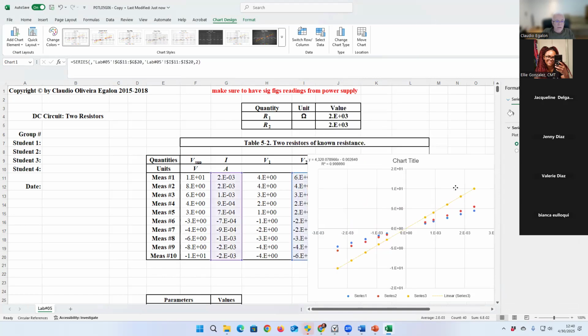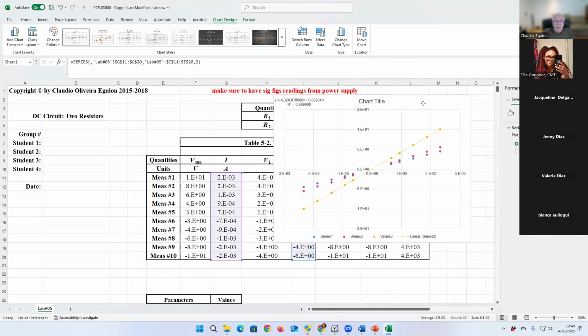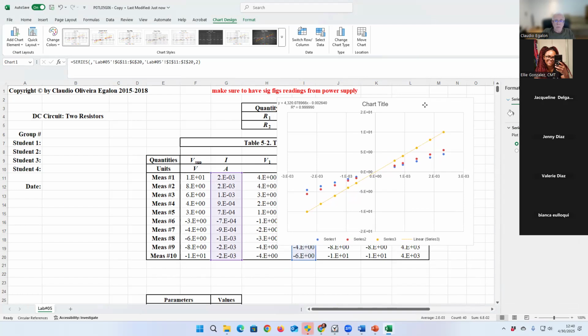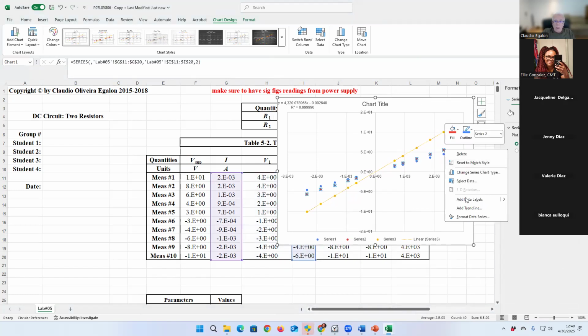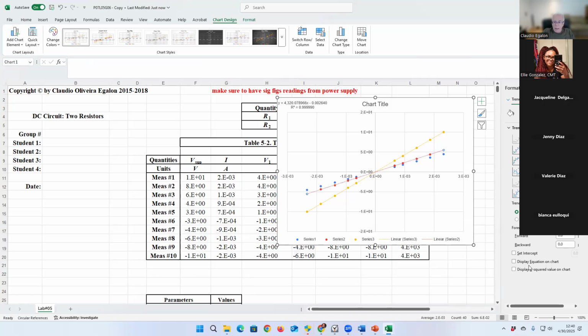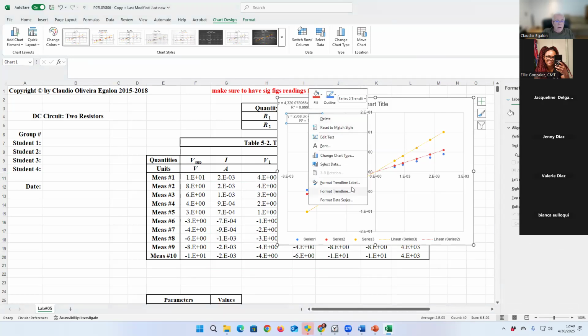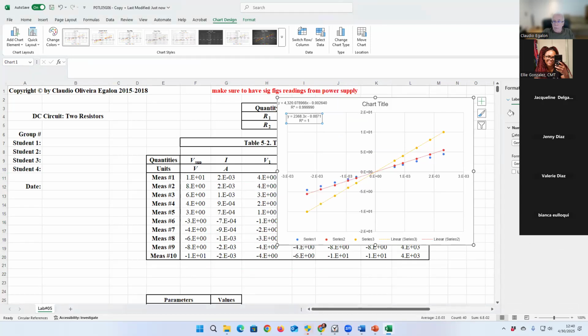This one is V2. Add trend line, display. Okay. And then here, format trend line label, number. Let's put 6, right?